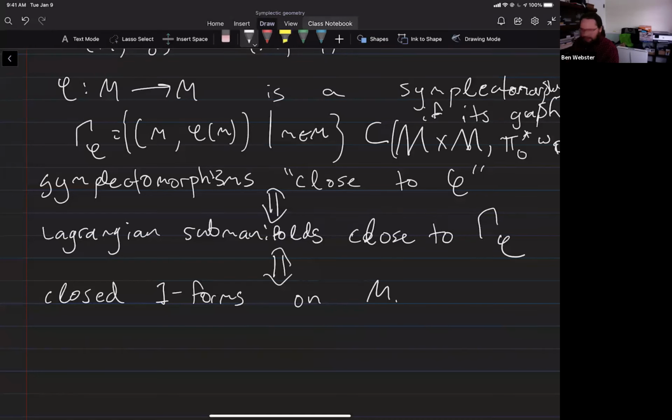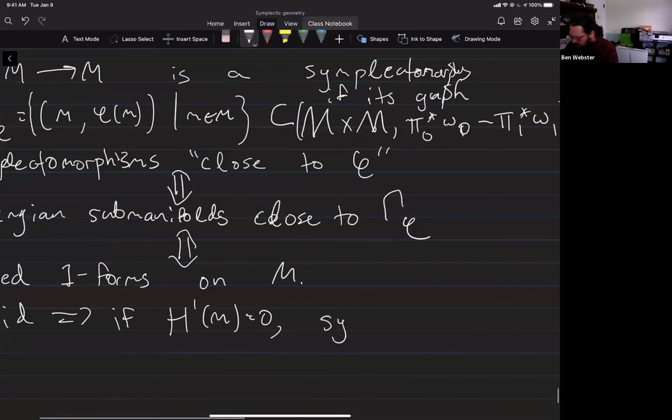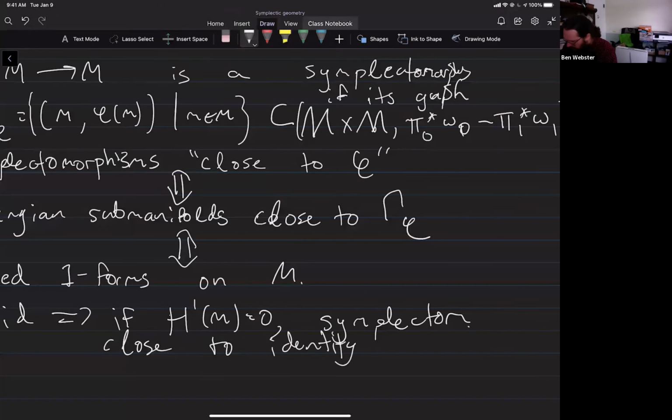So just as I was able to make this conclusion about intersections between Lagrangian subspaces, if I apply this with phi equal to the identity, this implies that if H^1 of M is equal to 0, a symplectomorphism close to the identity must have two fixed points.